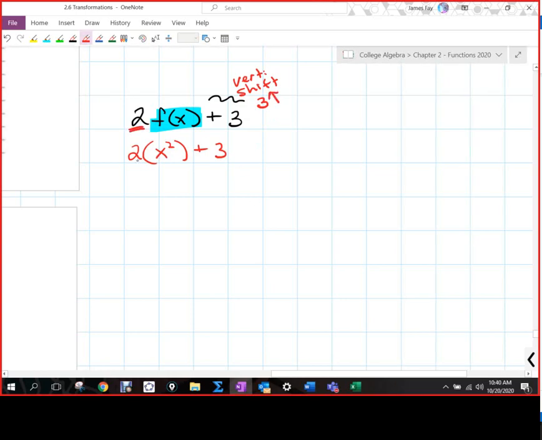What's this 2 going to do? Vertical stretch. Okay. What if I put a negative out in front? What's that going to do? Over. Okay, so that's an x-axis reflection. What if I put a negative right there on the x?